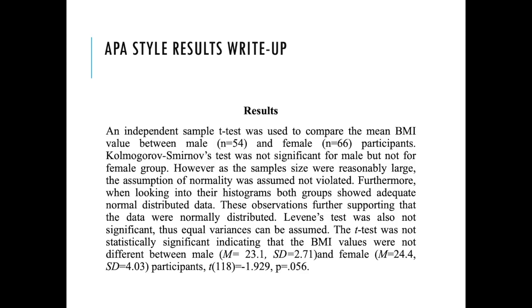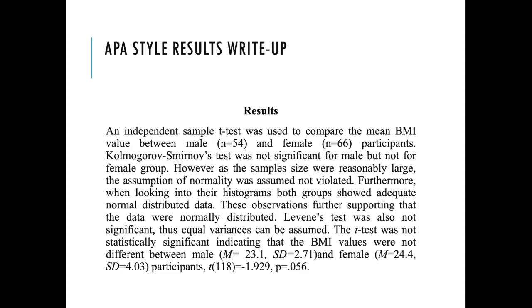An independent samples t-test was used to compare the mean BMI value between male and female participants. The Kolmogorov-Smirnov test was not significant for either the male or the female group. Moreover, as the sample size was reasonably large, the assumption of normality was assumed and not violated.